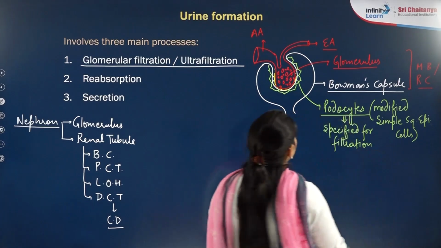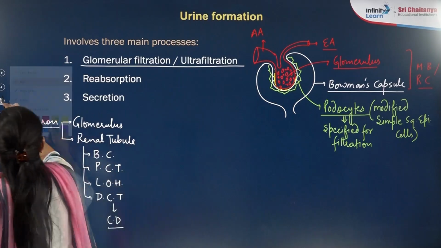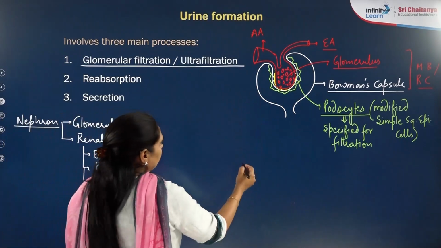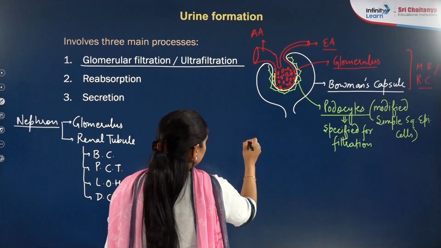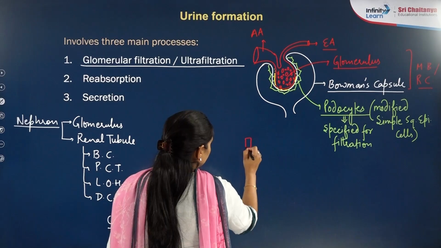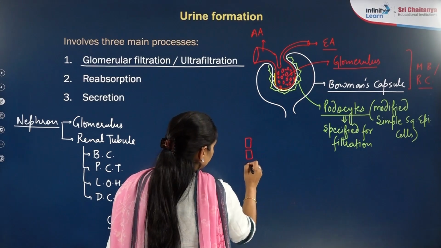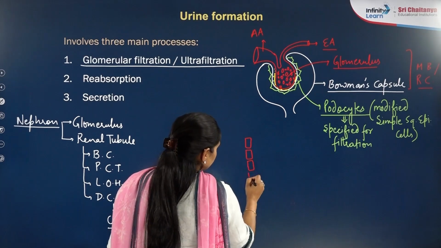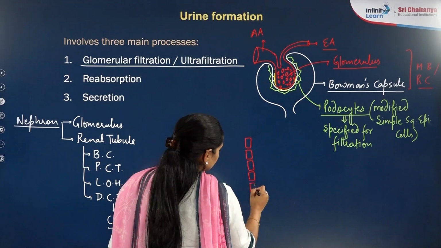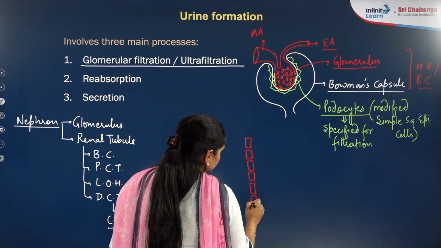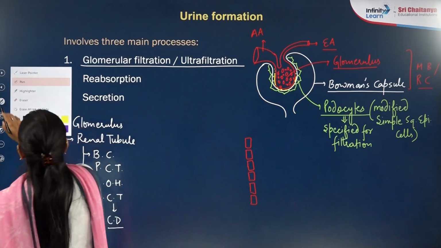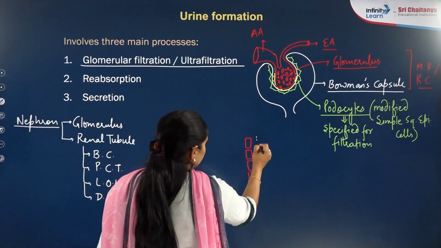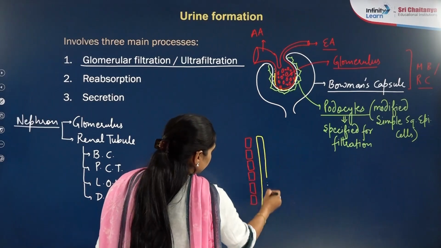So there are three layers here. First of all, the glomerulus will have the endothelium. Let me make the endothelium here. In between the endothelial cells, there is a space, right? And then there is a basement membrane.